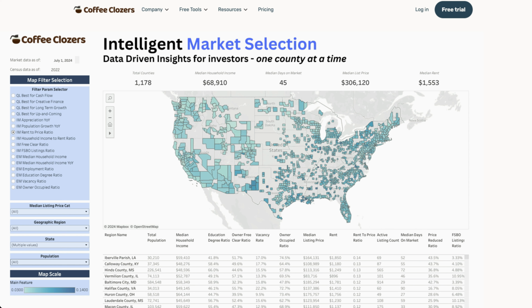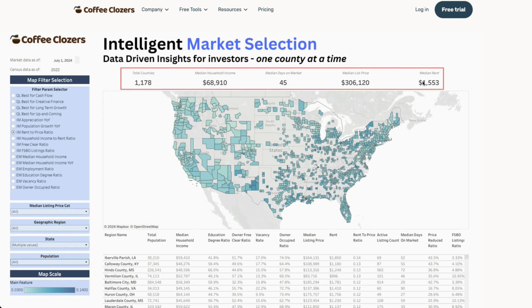San Francisco, New York City, there's a reason people don't invest as small-time investors because they don't cash flow. However, there are markets in this darker color that do cash flow, and we could see some of them here pop up. If we were to hover, we could see, for example, this county in Illinois has a pretty high rent to price ratio, likely could be good for cash flow.